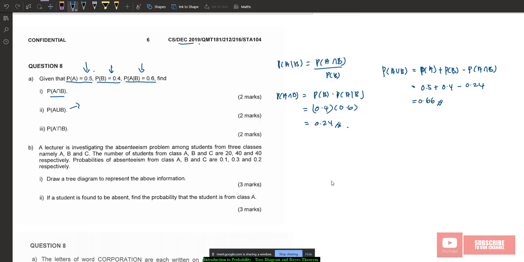And the last question is the probability of A complement intersect B.